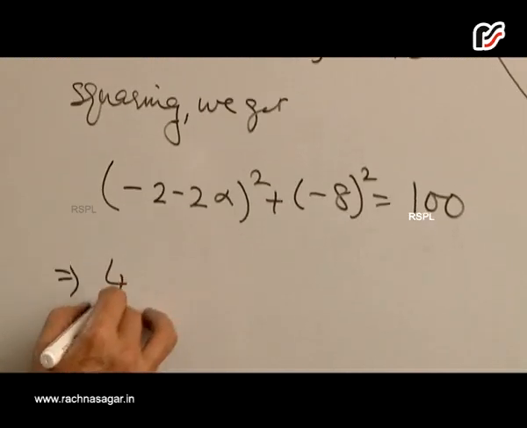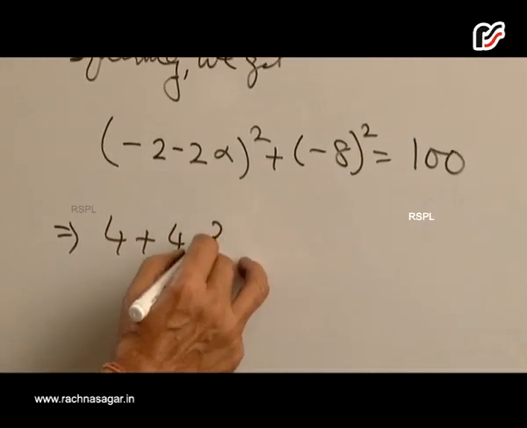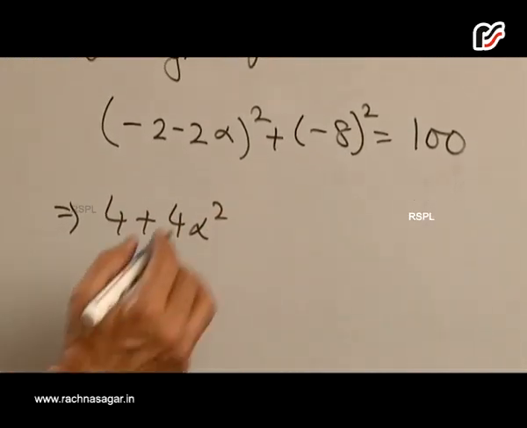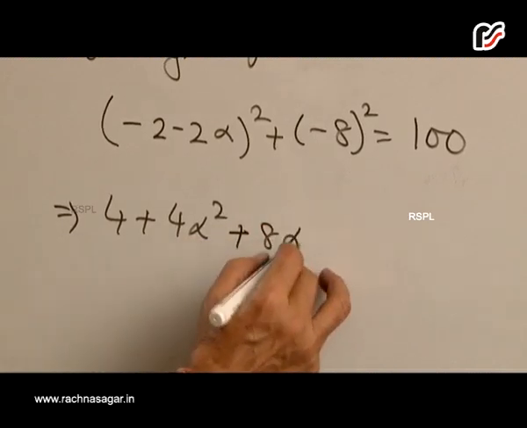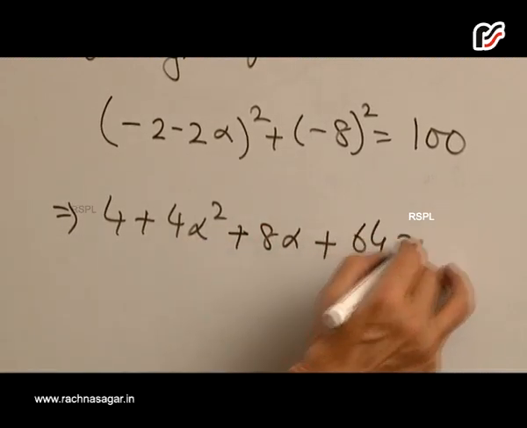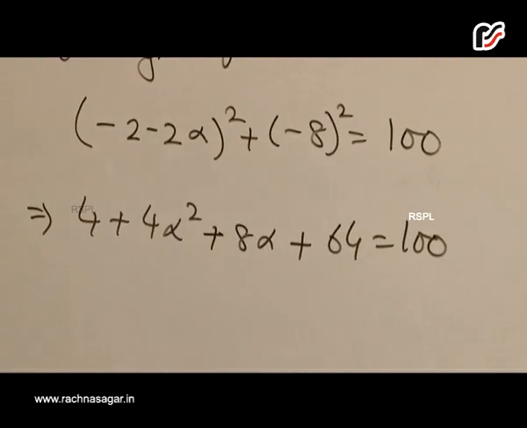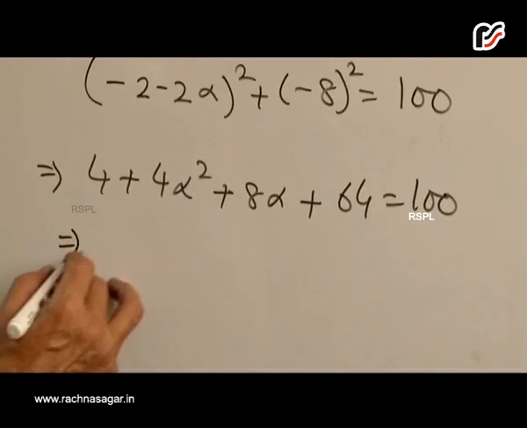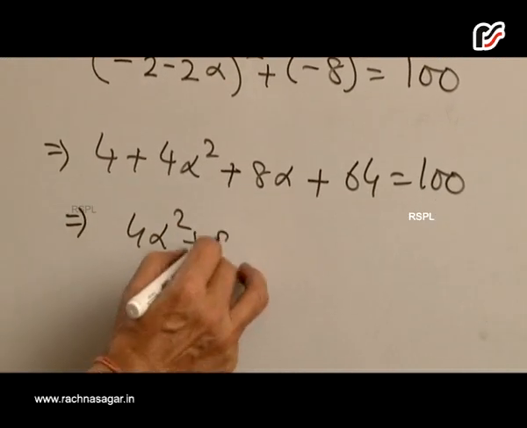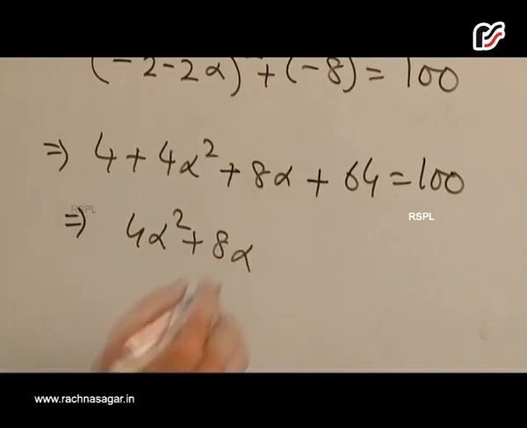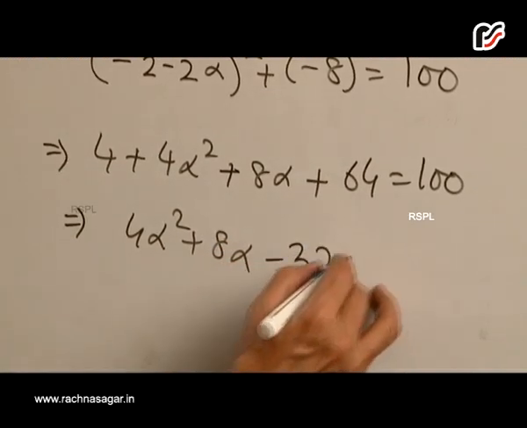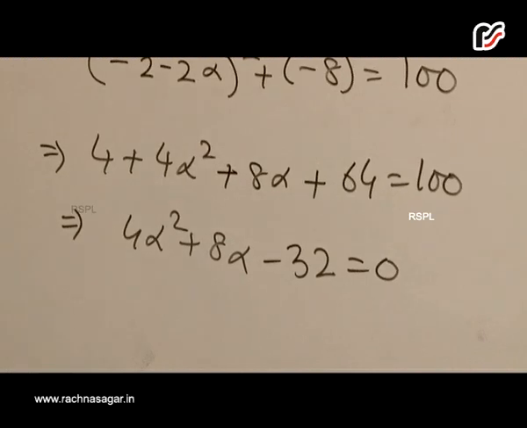This implies 4 plus 4α square plus 8α plus 64 equals 100. This implies 4α square plus 8α minus 32 equals 0.